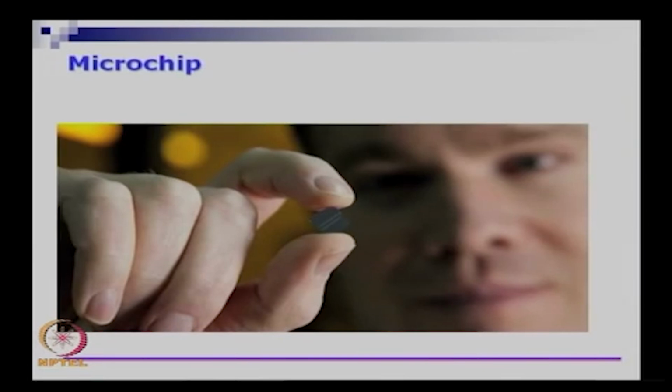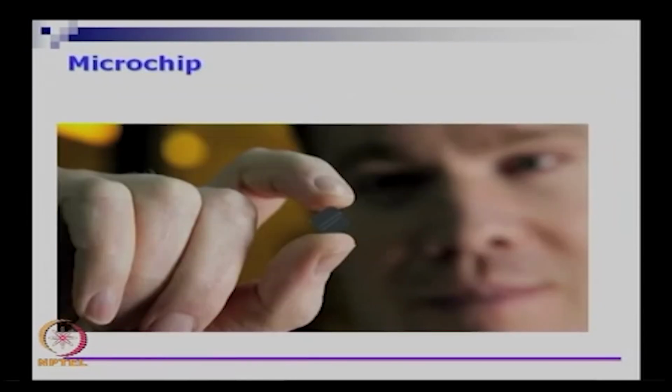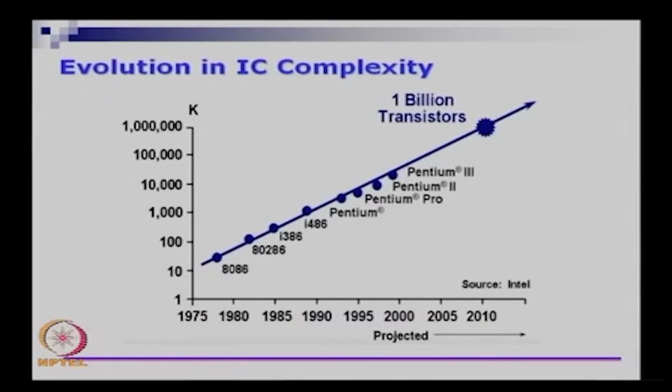So this is a picture of a small microchip, and this goes into systems and so on. What we see here is a microphotograph, and then it goes through what is called packaging, and once it goes through packaging, it comes to a few centimeters square in size, and this is a picture of a microchip. So all of this happened because of the evolution in the integrated circuit industry, or the IC industry.